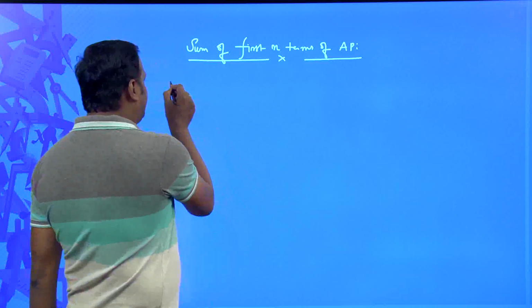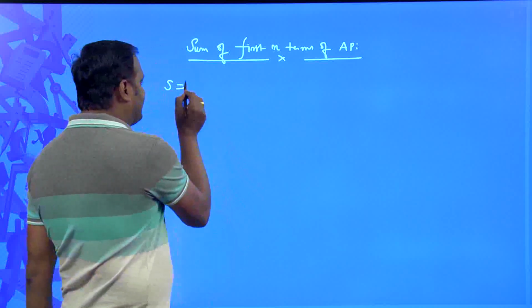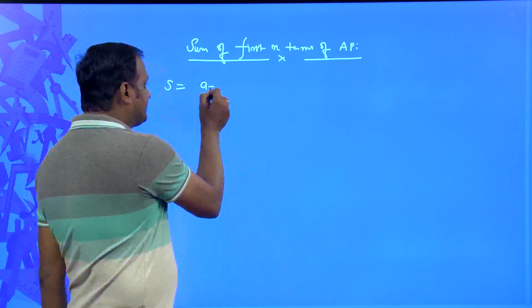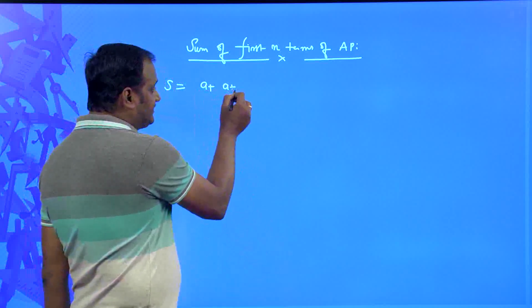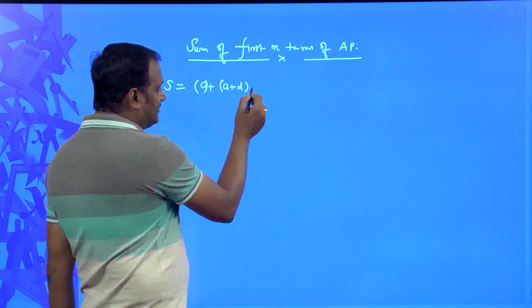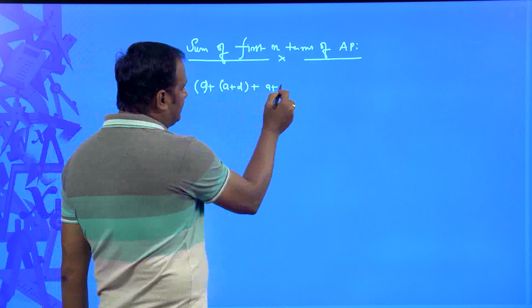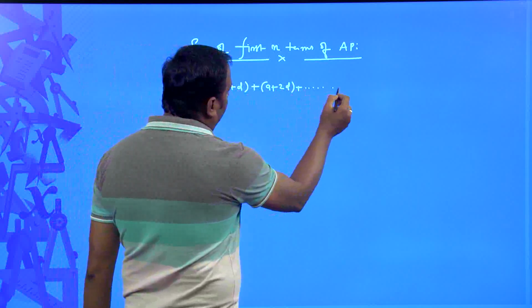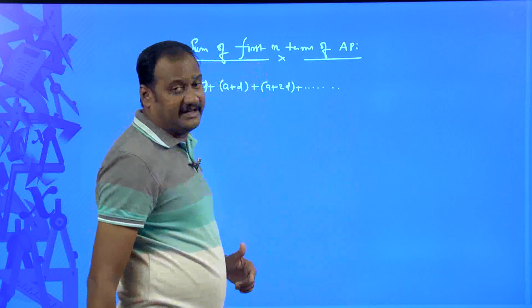I am again giving the name of this sum as S. The very first term is A, the second term is A plus D, the third term is A plus 2D and the fourth term is A plus 3D and so on. How many terms do I want? I want n terms.